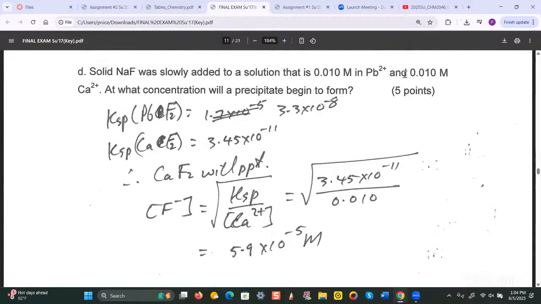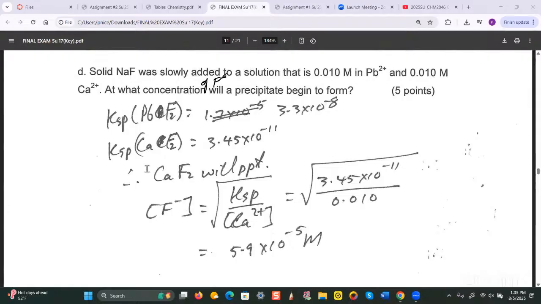So the question is asking, and admittedly this question should read, at what concentration of F minus will a precipitate begin to form?